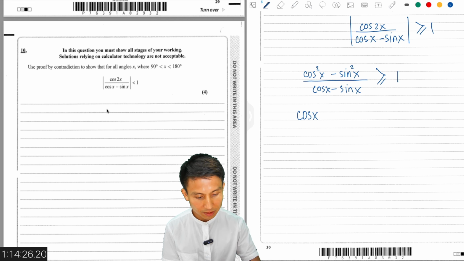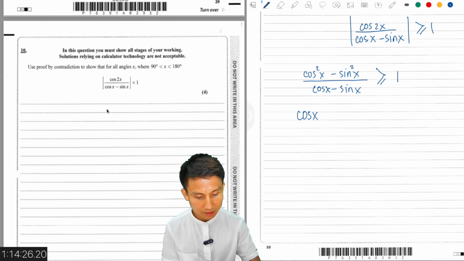In the range of x less than 180, greater than 90, cos x is less than 0, sin x is greater than 0. Consider each one separately. So cos x minus sin x is then less than 0.